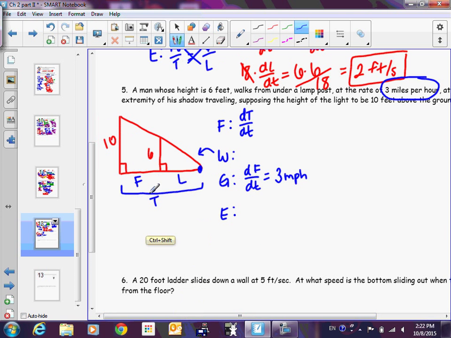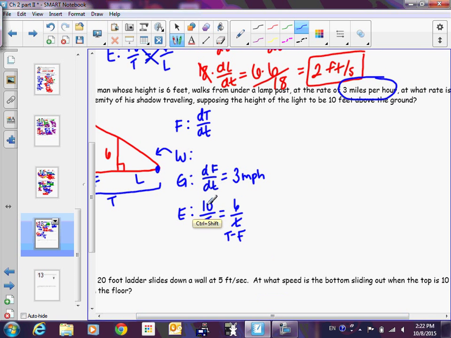So remember, our equation, let's set it up first: 10 over T equals 6 over L. And then we're going to decide, do I want to keep T and L or do I need to change one of them? I need to change the L because I have an F here. I need to change the L into T minus F. Sometimes you change the L to T minus F. Sometimes you change the T to F plus L. It just depends on what they give you and what you're trying to find.